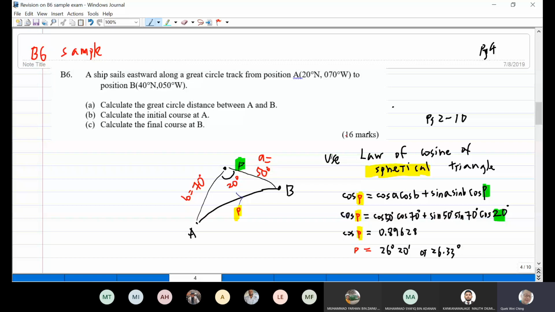So cosine p equals cosine a, cosine b, plus sine a, sine b, then cosine angle P.